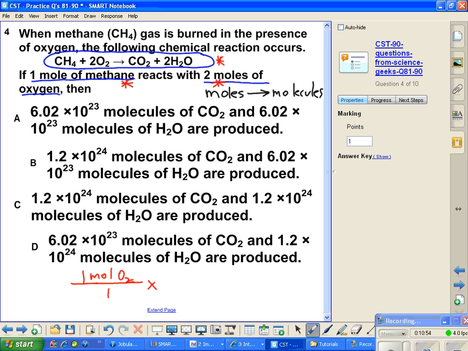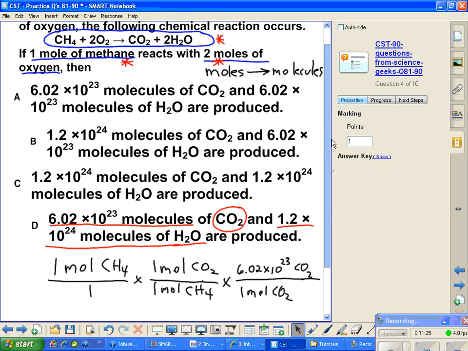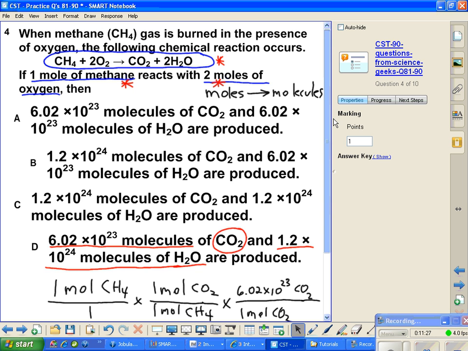In letter D, this is our correct answer, and I'm just going to explain why this answer works. My first job is to do the mole ratio going to water. Oops, I changed my mind, decided to use methane instead of oxygen.